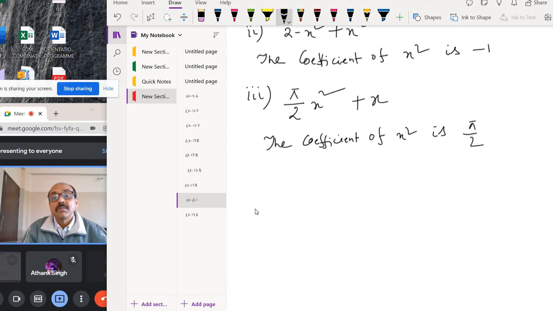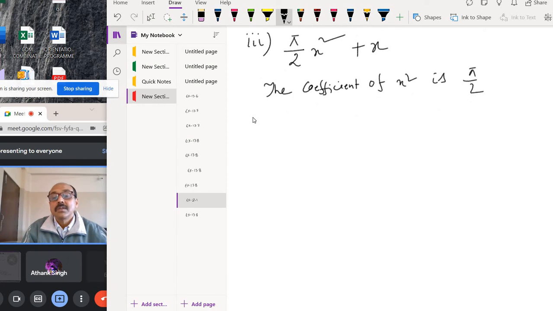Next, number 4. Number 4 is root 2x minus 1. What is the coefficient of x square in this question?